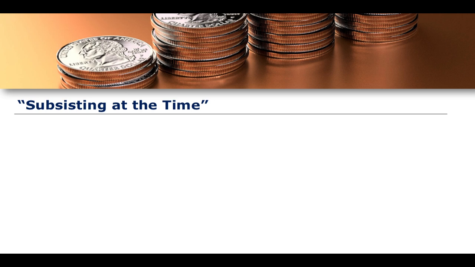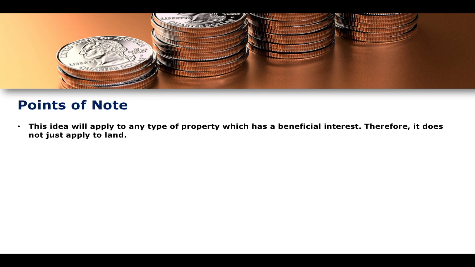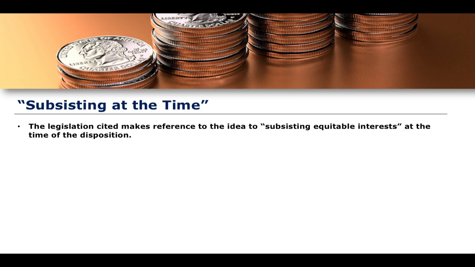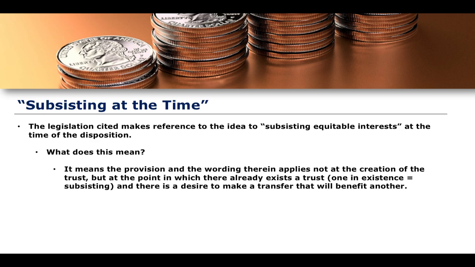When we think about the idea of subsisting at the time, which is considered in the first line of Section 53(1)(c), where it says a disposition of an equitable interest or trust subsisting at the time of the disposition, what do we mean by this? Well, what we are talking about here is that the provision and the wording therein applies not at the creation of the trust, but at the point at which there already exists a trust. I.e., a trust in existence is considered to be the idea of subsisting.